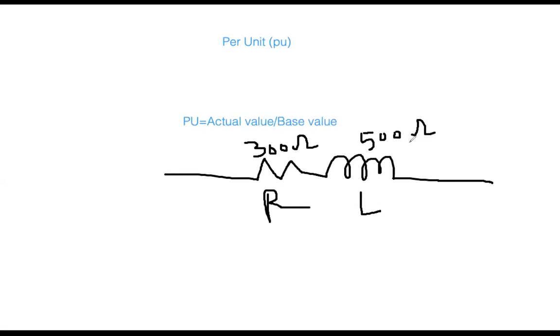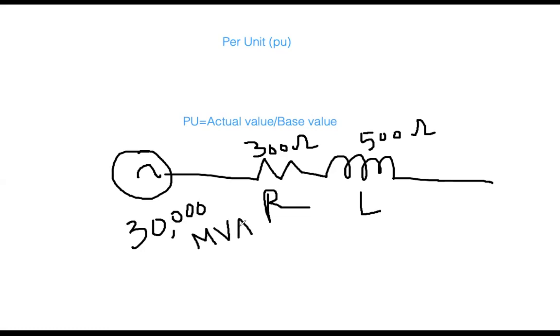I'm expressing in terms of reactance or impedance. These are the values. And then, for example, you have a generator, and you say this is 30,000 MVA. It is expressed in that way. And its voltage is, for example, 11 kV.